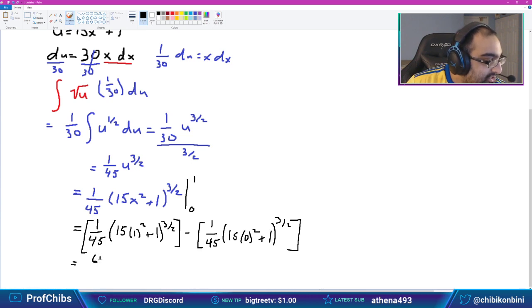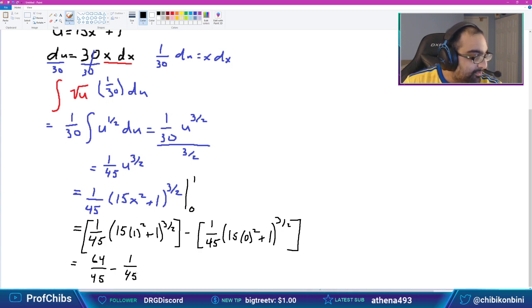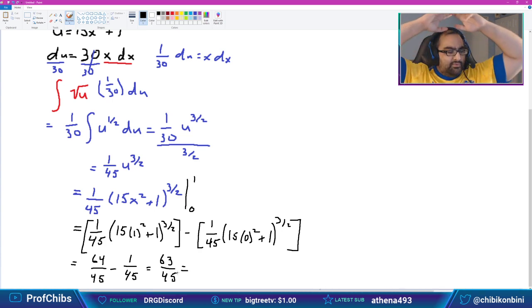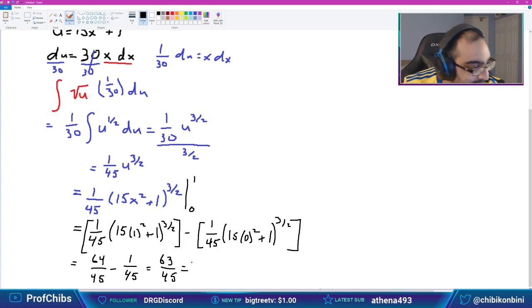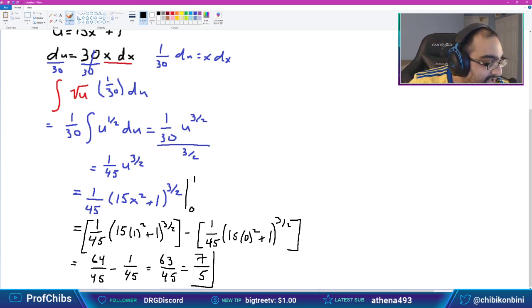We get 64/45 minus 1/45 times 1, so this is 1 over 45. Again, you can figure out both individual parts on the calculator. So you get 63 over 45, and that certainly does reduce. 21 over 15, and then 7 over 5. So if we do it with 0 and 1, you're going to get 7 over 5 as your final answer.